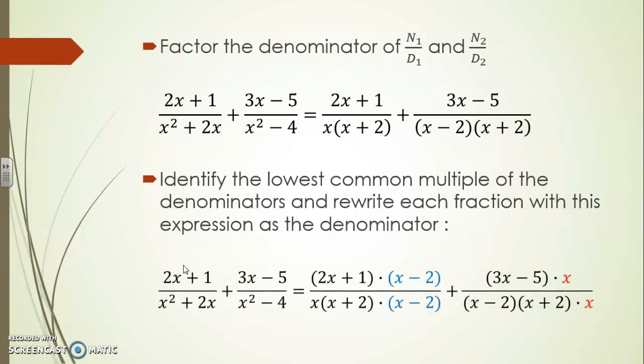However, the first rational expression does not have the x minus 2 factor that the second one has. Likewise, the second rational expression does not have at its denominator the x that the first one does. Basically, we're filling in the factors that one rational expression is missing relative to the other. We're multiplying above and below to guarantee that the individual fractions have not changed values.